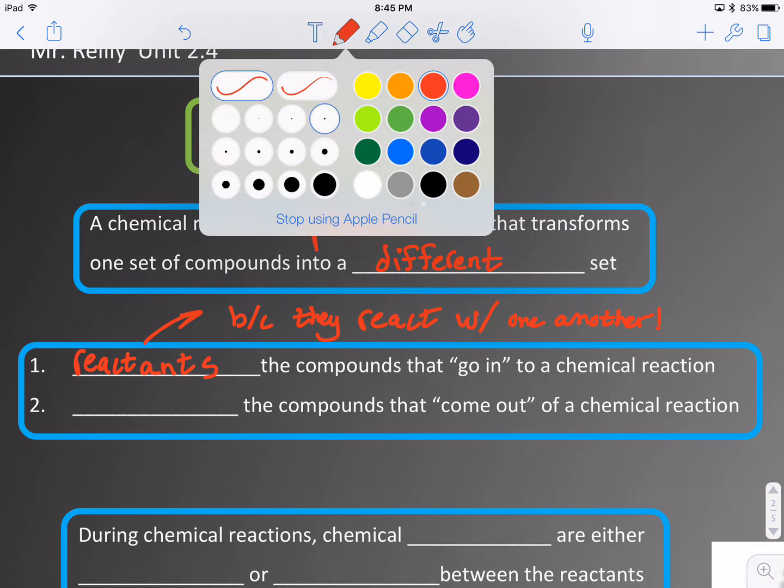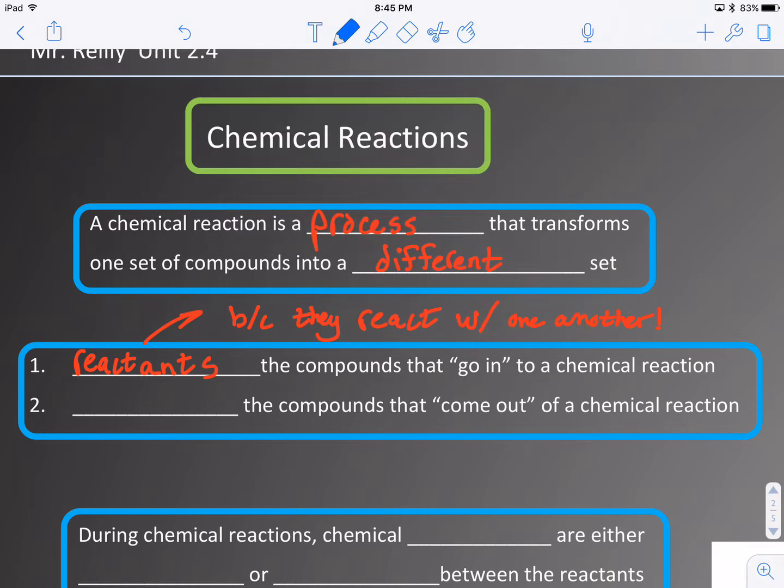Okay. And the things that come out of a chemical reaction we call the products. Okay? And the products are what is produced.